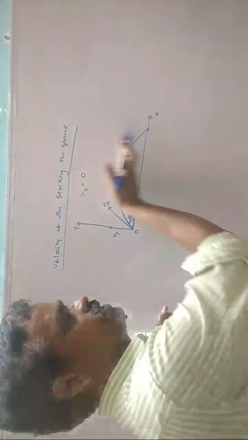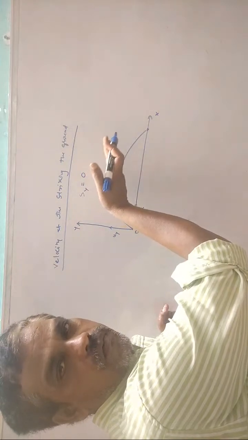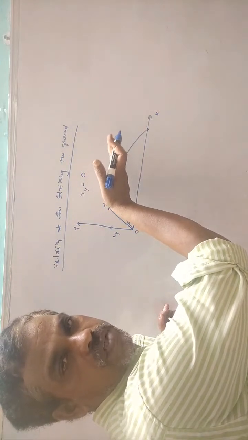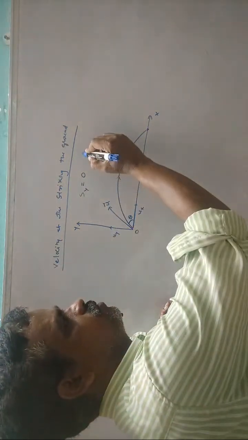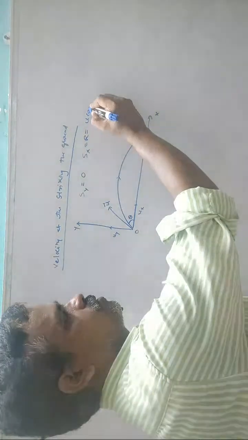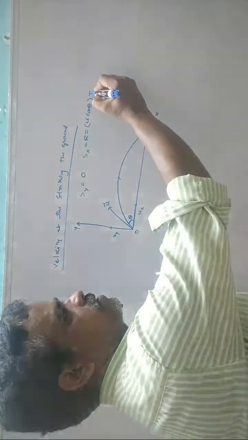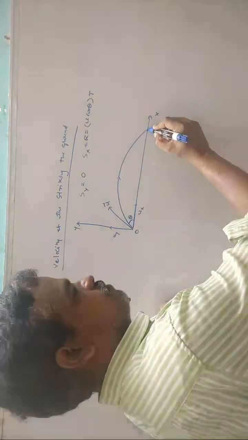There is no vertical displacement. Horizontal displacement, that is sx, that is equal to the range, that is equal to u cos theta into the total time of flight. So my question is, what about the velocity here?